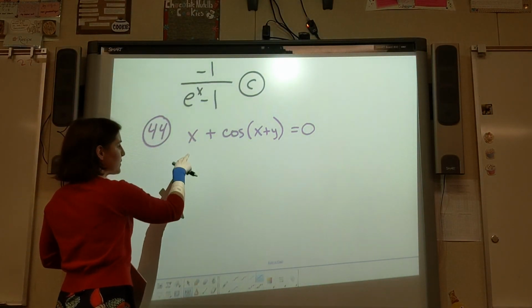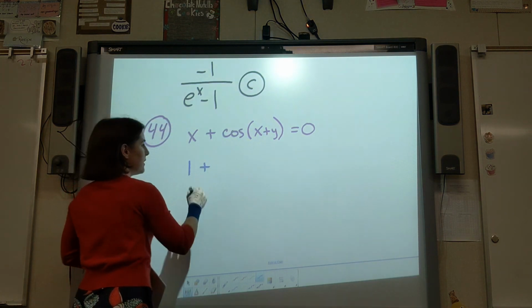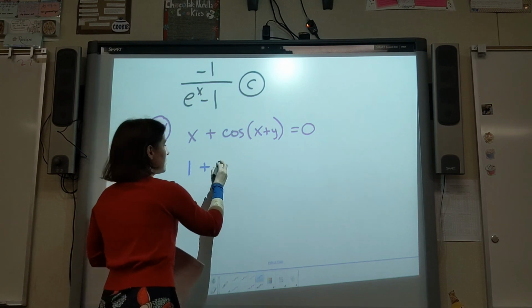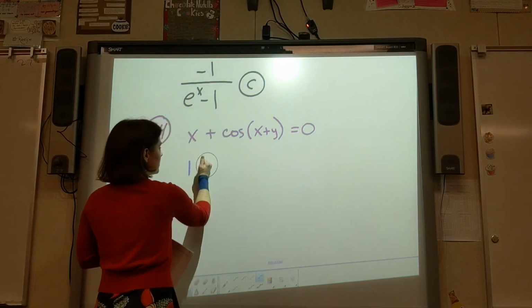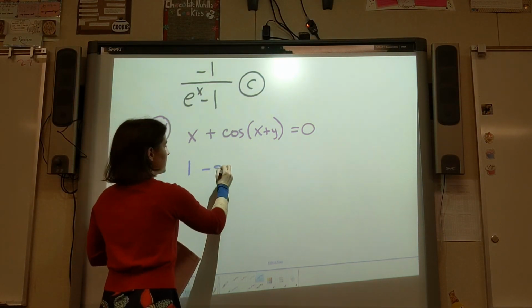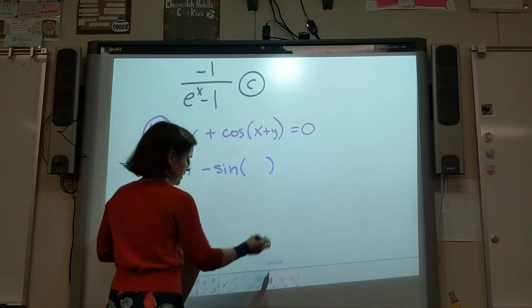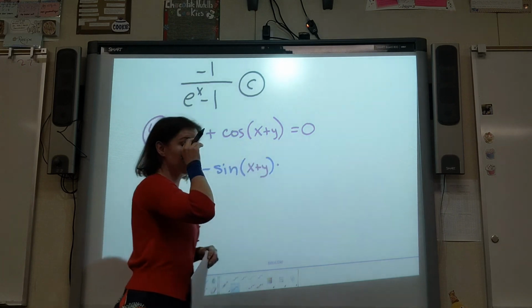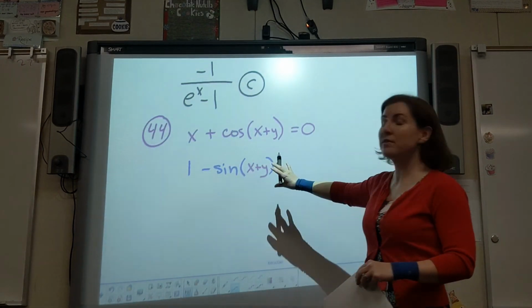Okay, derivative. The derivative of x with respect to x is 1. The derivative of cosine of something is negative sine, so let's change that plus to a minus. Negative sine of whatever that thing is, right? The inside stays the same. And here's where it gets tricky. I now have to take the derivative of the inside.